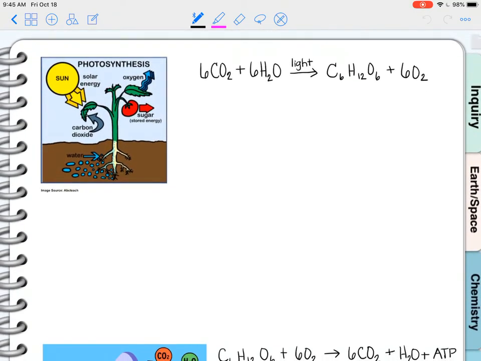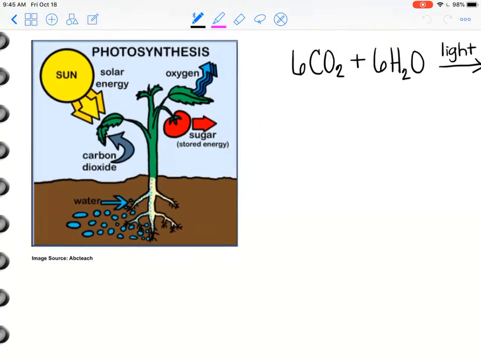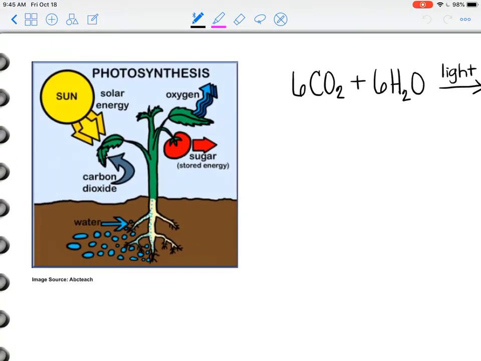First of all, there is this image from ABC Teach that shows you how photosynthesis works. So let's take a minute and just take a look at this. Remember, I have told you always to follow the arrows. That is important. So let's start with our little sunshine up here that is beating down on this plant.